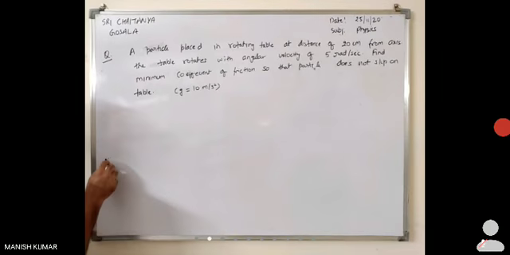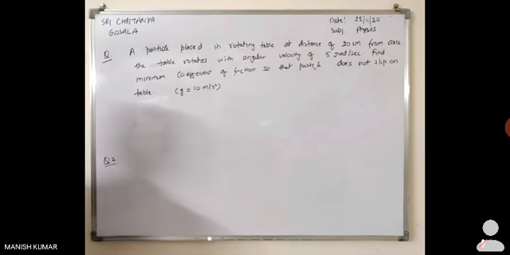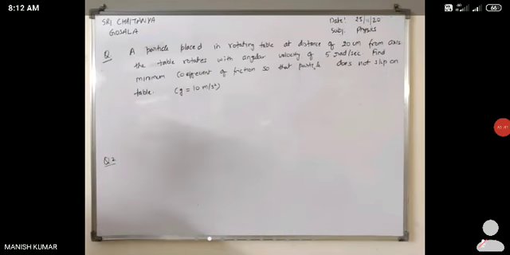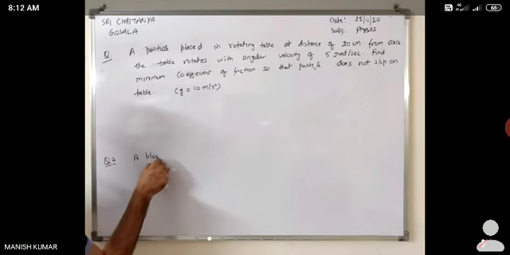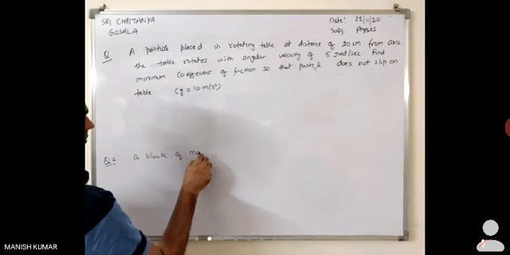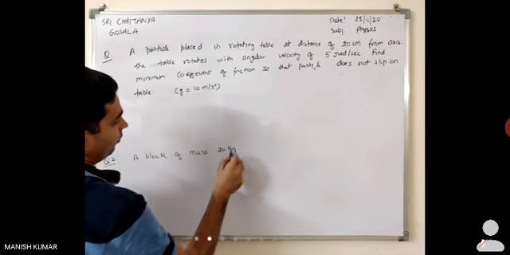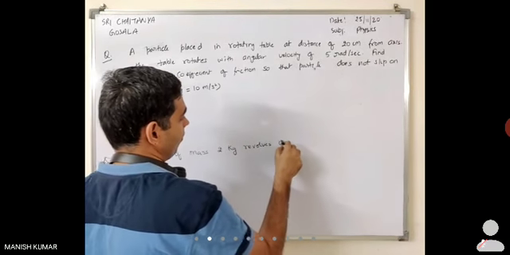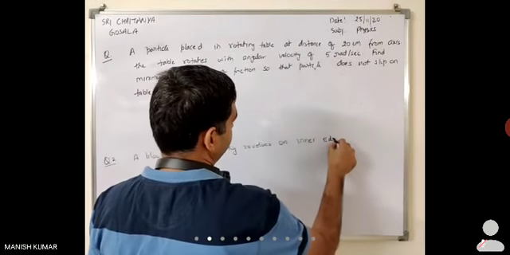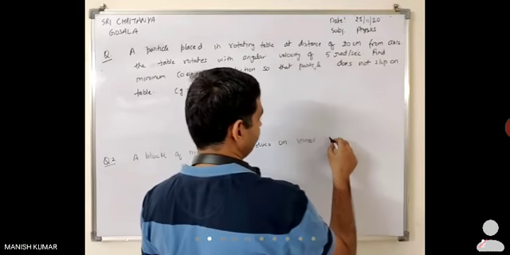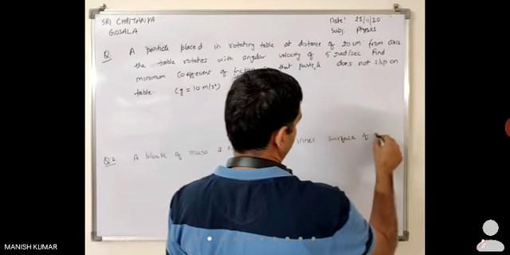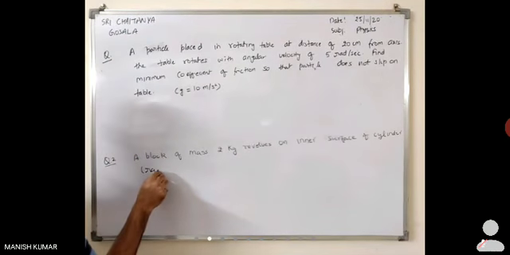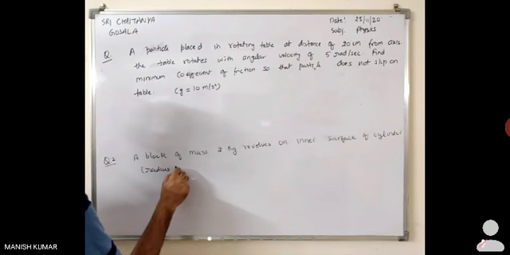Till the time, I can add another question. A block of mass 2 kg revolves on the inner surface of a cylinder of radius 2 meters.